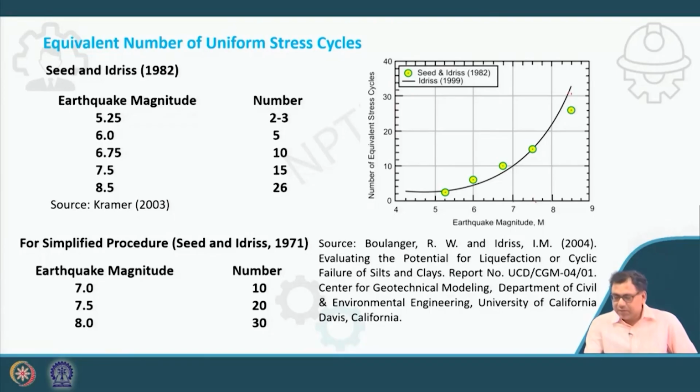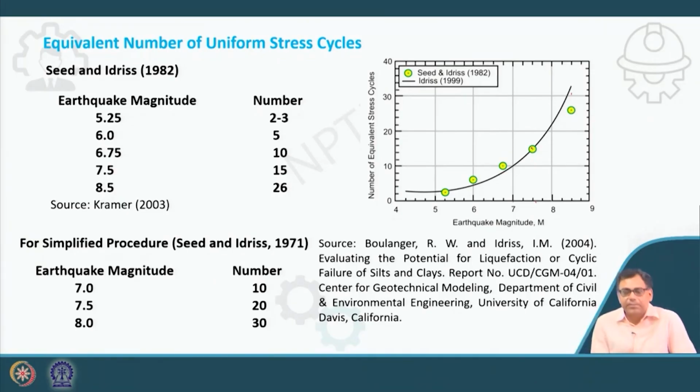So if I compare for 7.5, the 1971 recommendation is 20, but the 1982 and 1999 recommendations are around 15. Nowadays we will consider the number of equivalent stress cycles for a 7.5 magnitude earthquake as 15.